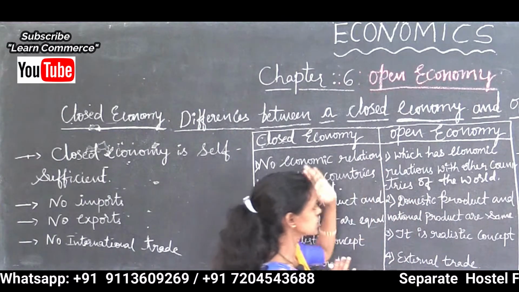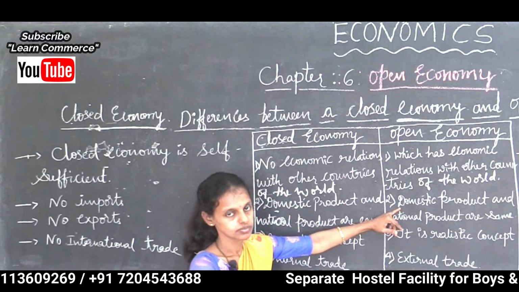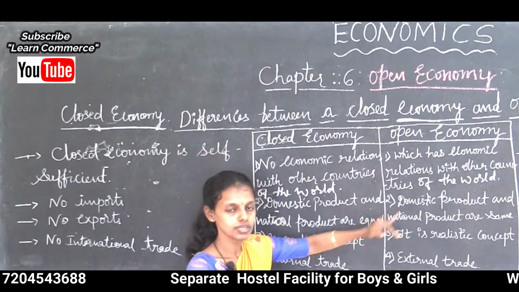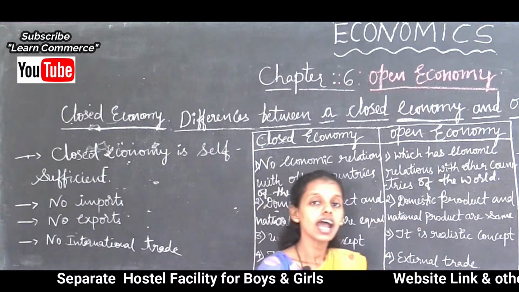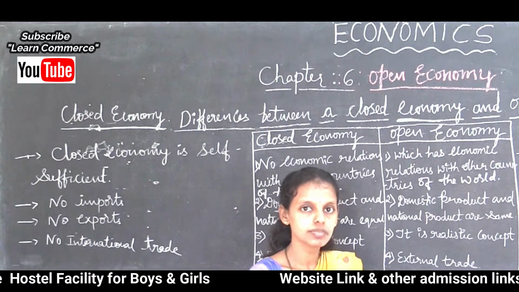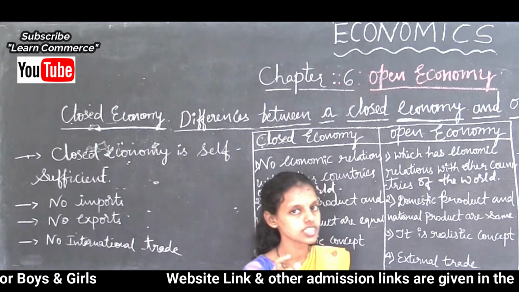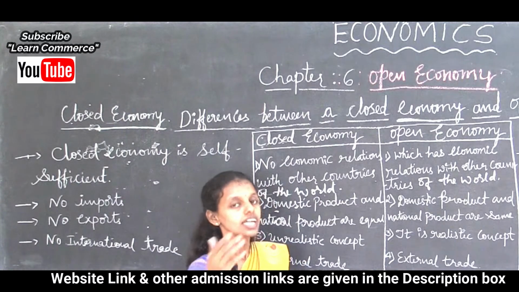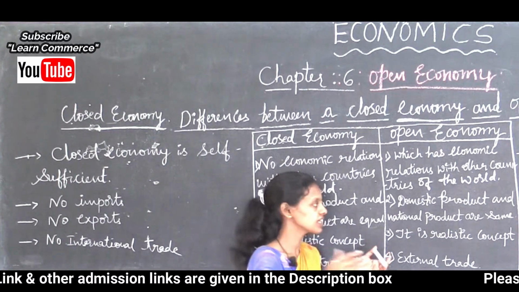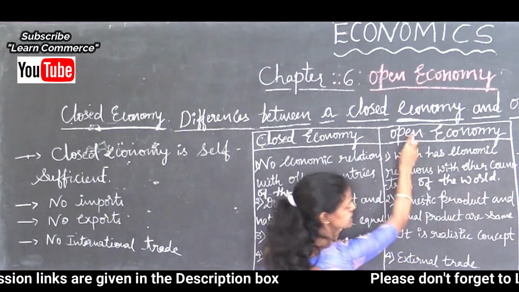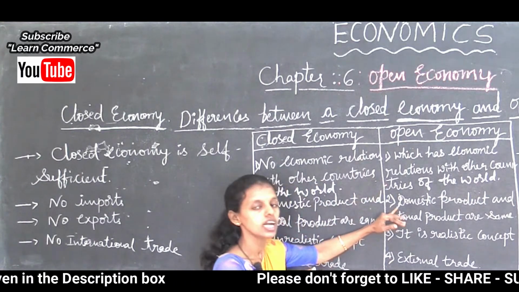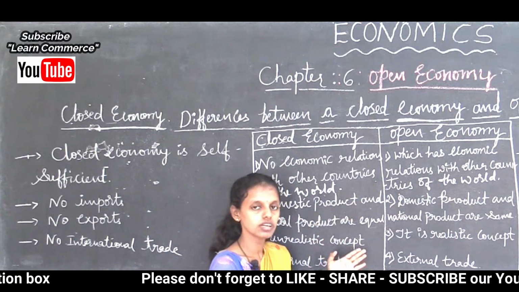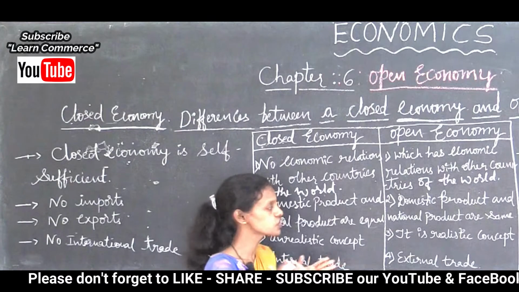So what about the open economy? In an open economy, as I already said, there is international trade, which means there are exports and imports with other countries. Economic and trade relations with the other countries of the world is said to be an open economy. Our economy is free or open to all to trade with each other.